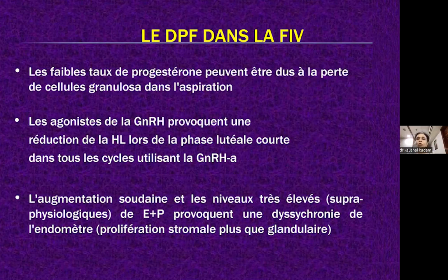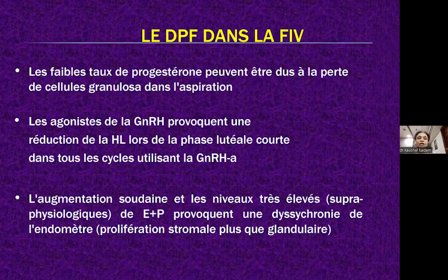Okay. So the low progesterone levels in IVF can be due to the loss of granulosa cells in aspiration. When we are doing the oocyte retrieval, you are injecting your needle into the follicle and aspirating all the fluid. In that, there can be a loss of the granulosa cells, and that can lead to low progesterone levels.